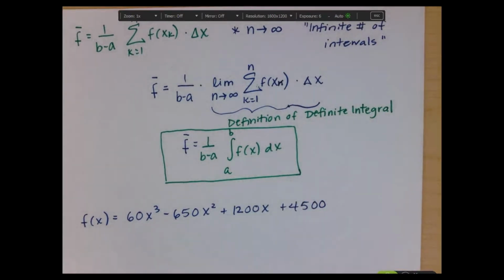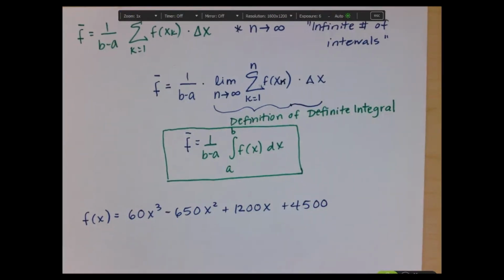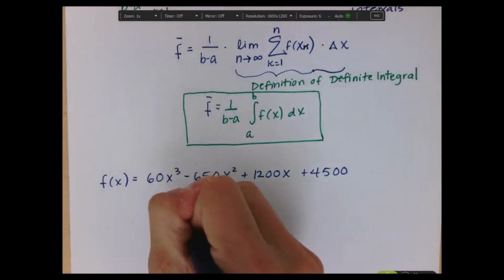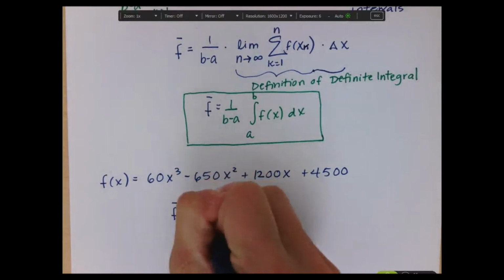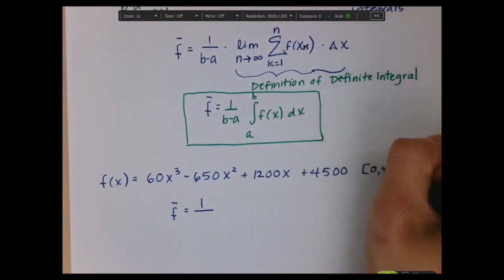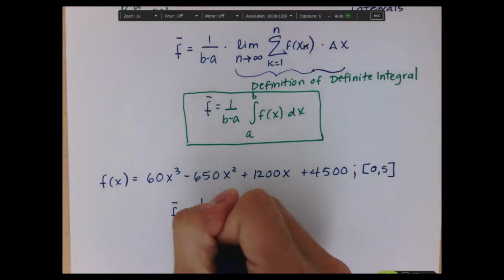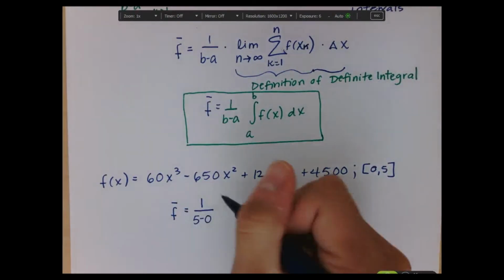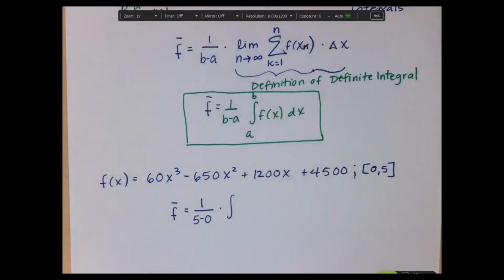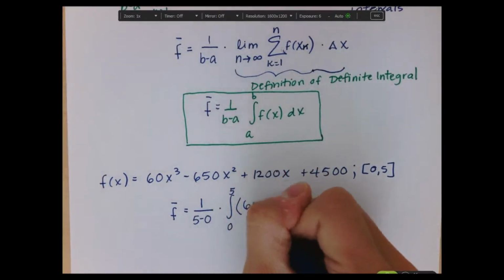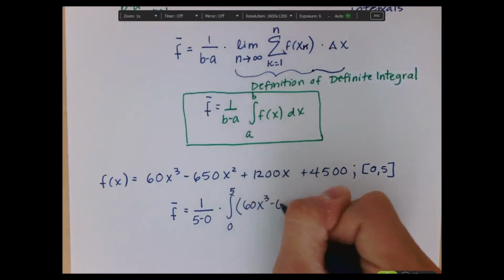So if we really wanted to find the average elevation of this hiking trail, we could calculate that by doing 1 over, I'm sorry, I should have mentioned that the interval was 0 to 5. That's necessary to know. 1 over 5 minus 0, 1 over b minus a, times the integral from 0 to 5 of this cubic function.